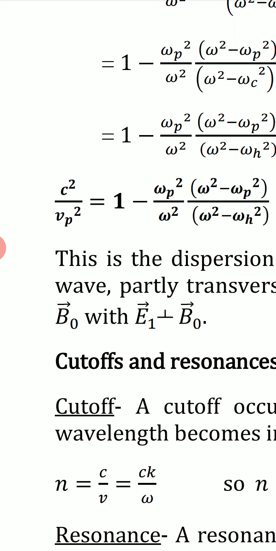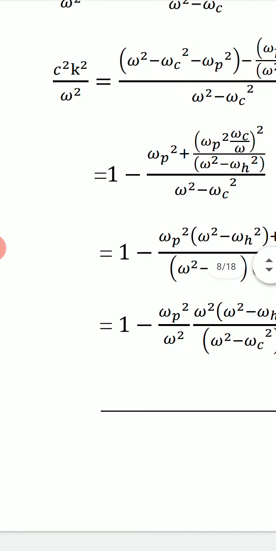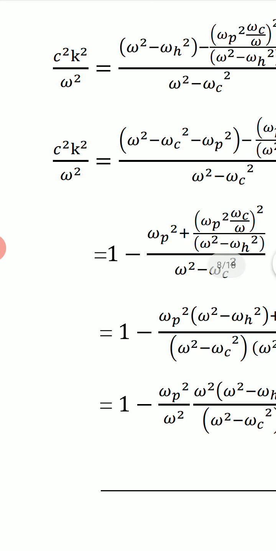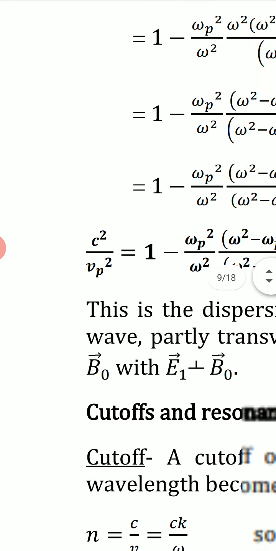And we write left hand side as c square upon Vp square. Vp is omega upon k, it is phase velocity omega upon k. So we write omega square upon k square in denominator and write it as Vp square.